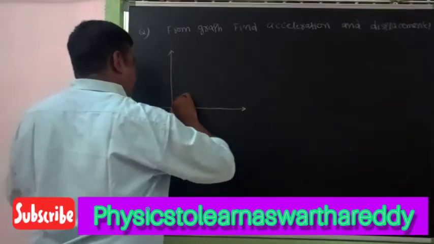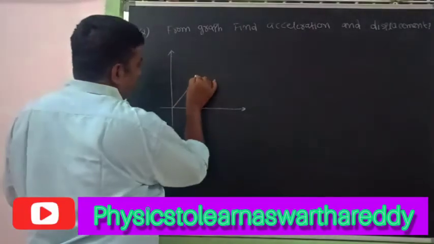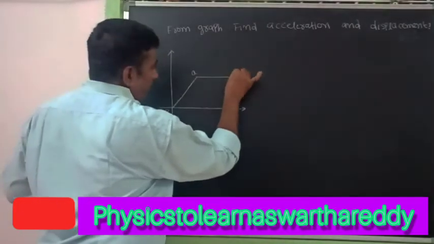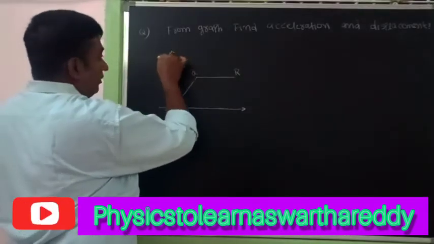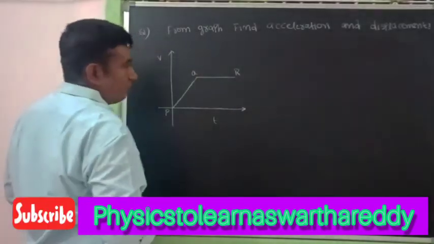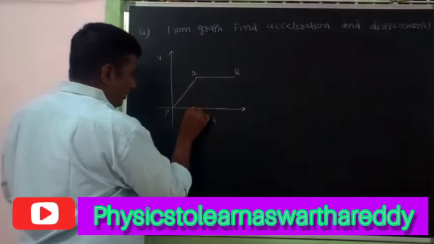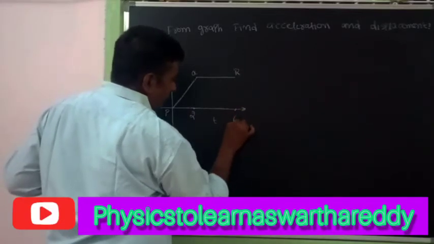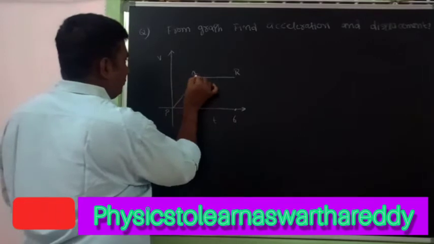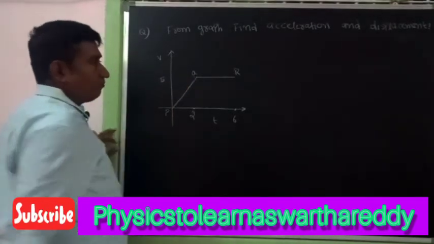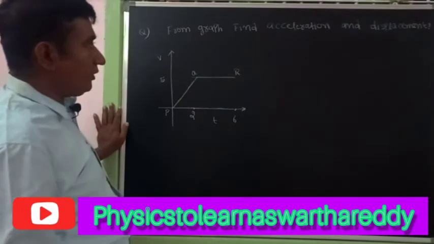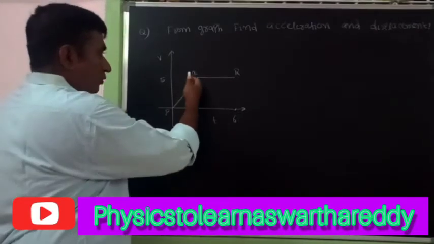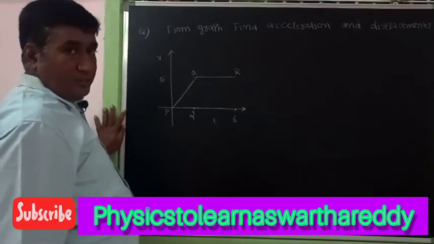For example, from O to A like this, and then like this, this is PQR. This is a velocity-time graph. This point I can take as 2, this point as 6, and this point as 5. They asked to find the acceleration and displacement for PQ and QR.